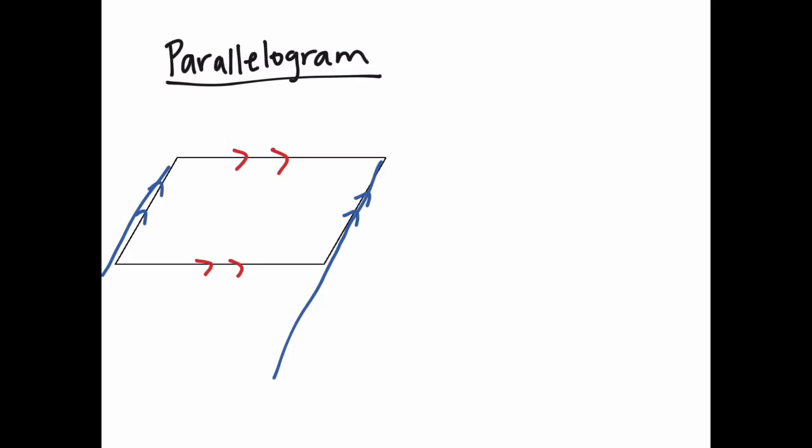And they also have congruent opposite lines. So congruent means to be the same length. So sides A and B are congruent. They are equal in length. And sides C and D are congruent. They are equal in length.